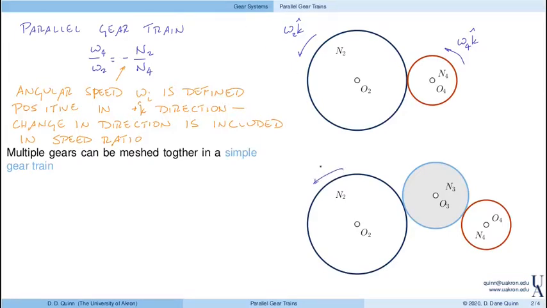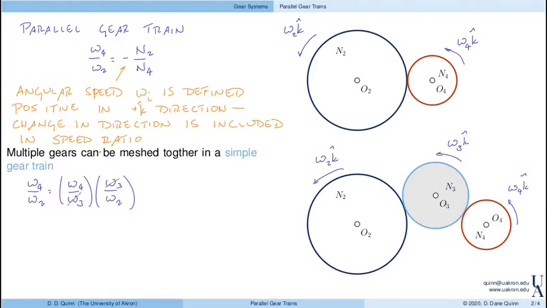So again, if the angular velocity is defined as positive counterclockwise for all three gears, then omega 4 divided by omega 2, well, we'll just look at pairs of gears. Omega 4 divided by omega 3. So we'll look at gear 4 and 3 in contact, and then we'll look at gear 3 and 2 in contact, keeping in mind, of course, that these omega 3s will eventually cancel out.